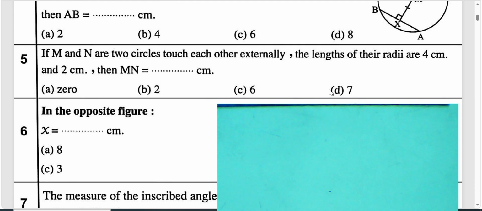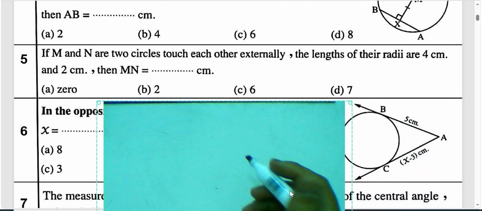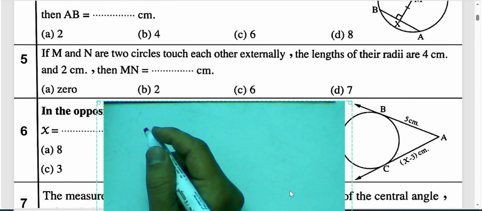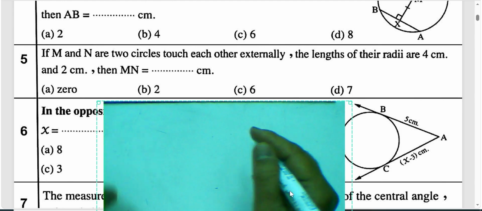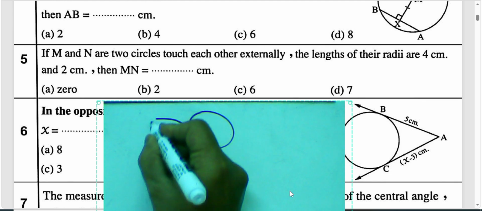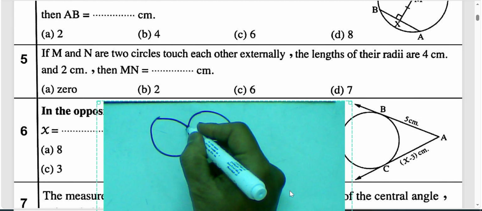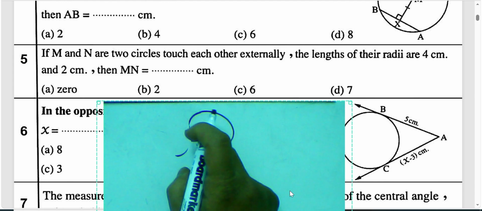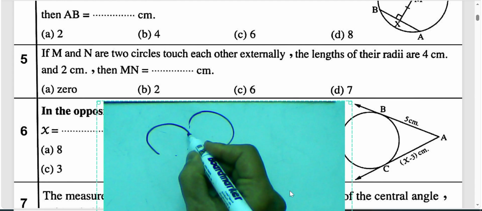Next question. If M and N are two circles touching each other externally, the lengths of their radii are 4 centimeters and 2 centimeters. In this example, we want to find the length between the two centers of the circles. The two circles are tangent, internally or externally? Externally, touching externally like this.